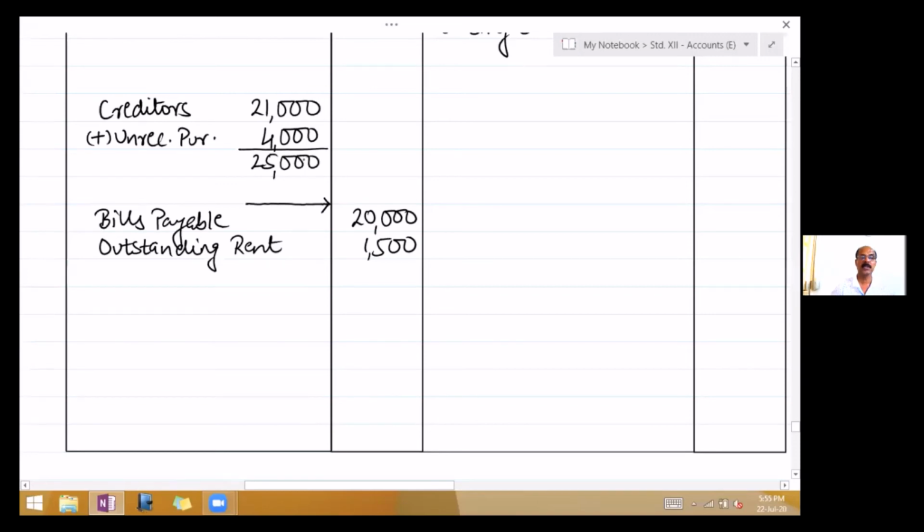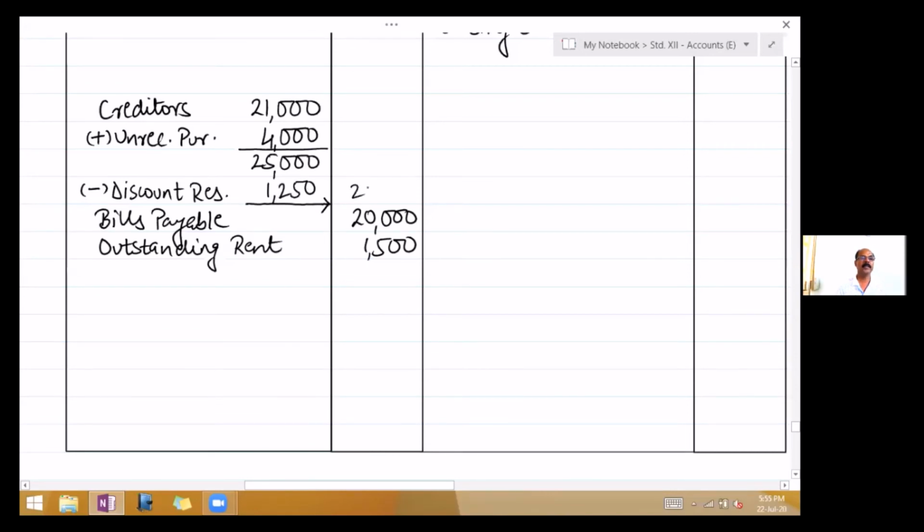Now we'll come back to the 3rd one. The 3rd adjustment, provide reserve for discount on creditors. Now on the total take the reserve for discount on creditors. So minus discount reserve, 5% of 25,000 will be 1,250.